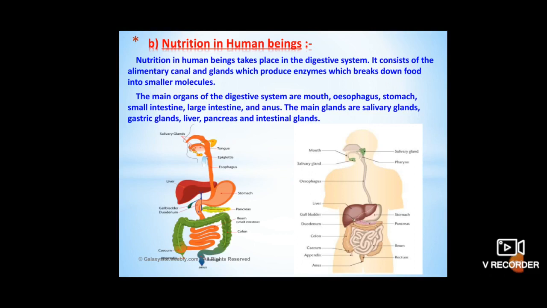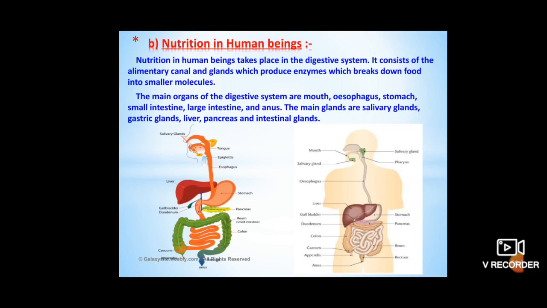Dear children, nutrition in human beings takes place in the digestive system in our body. It consists of the alimentary canal and glands, which produce enzymes and which break down the food into smaller particles or small molecules.